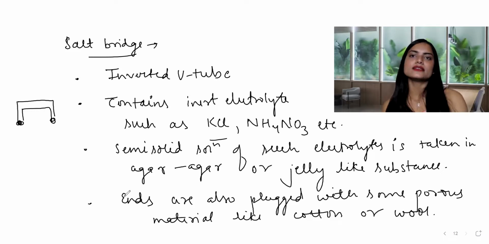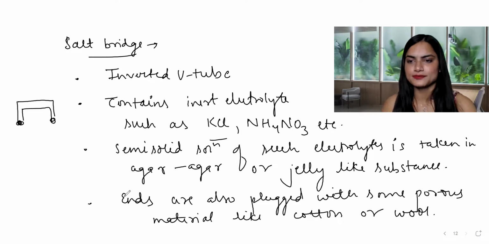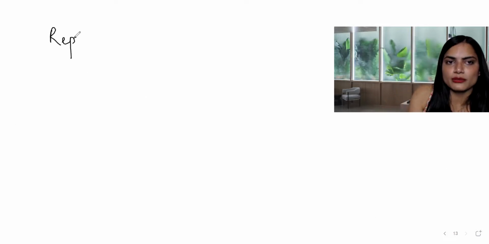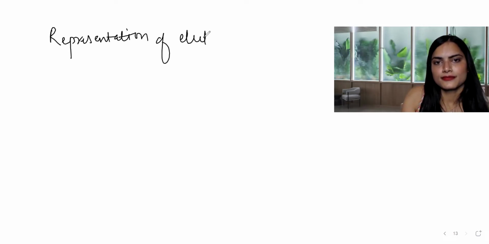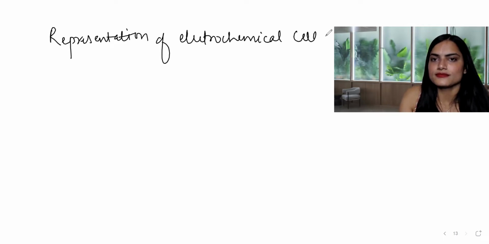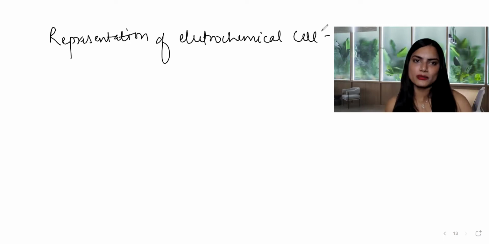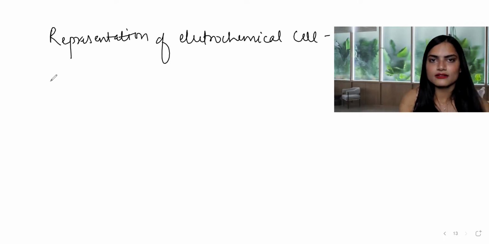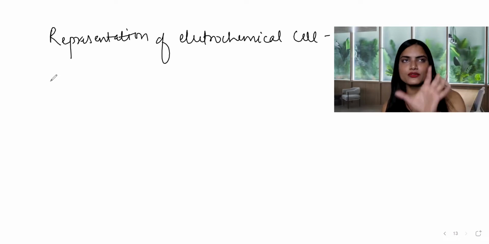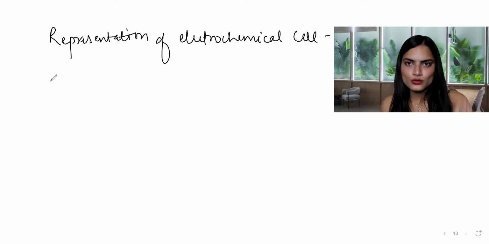Also, let's understand the representation of the cell, that how we will represent this electrochemical cell. First, we'll take, see what I've explained you, we have kept the anode, this anode dipped into electrolytic solution.